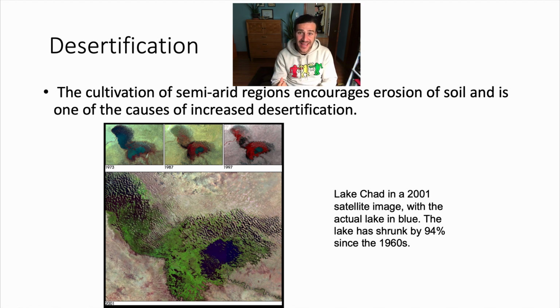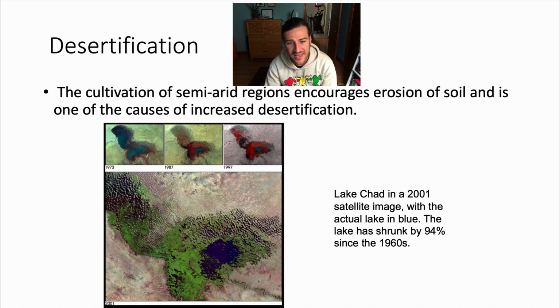But desertification is something that is not good during this time. Because they aren't forming naturally, they are forming because of human interactions. So the cultivation of semi-arid regions encourages erosion of soil and is one of the main increases in desertification.